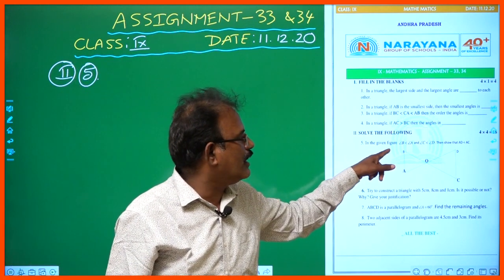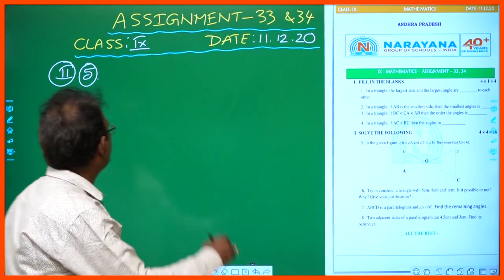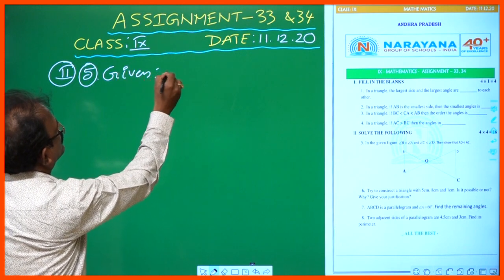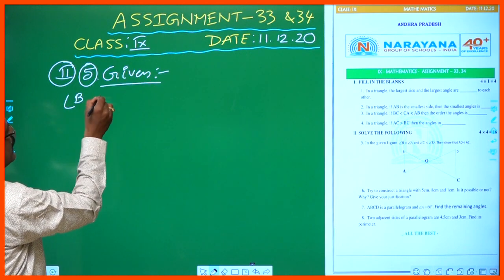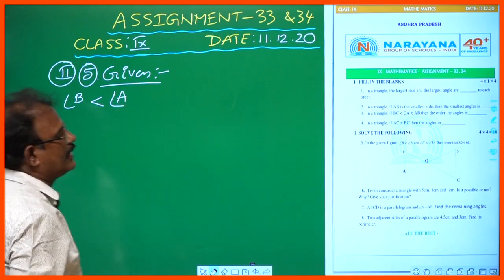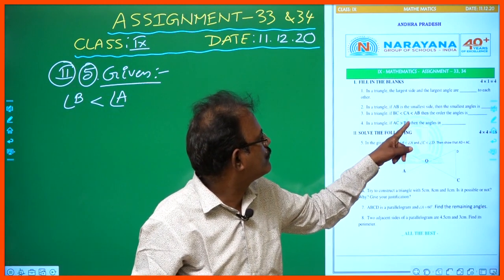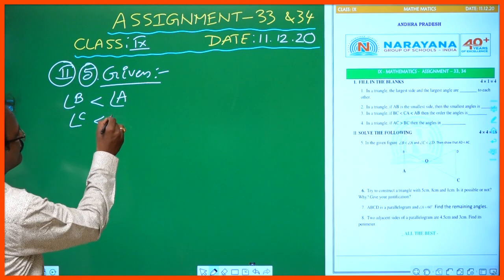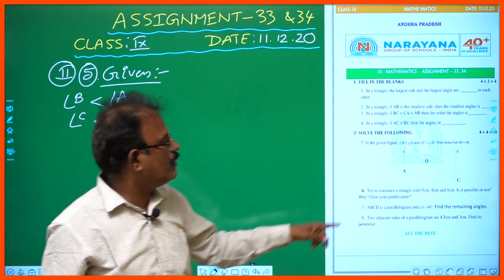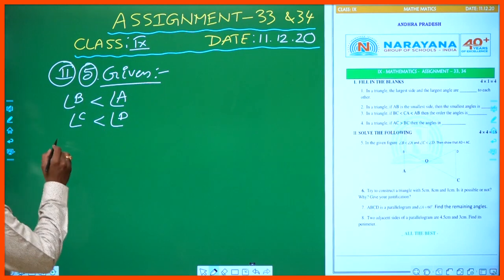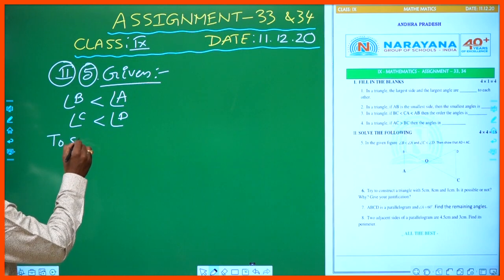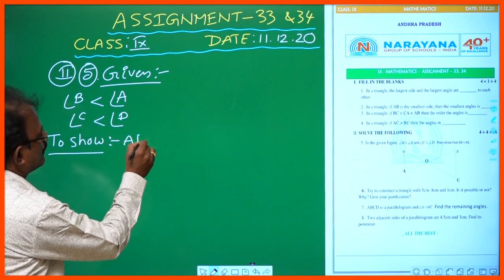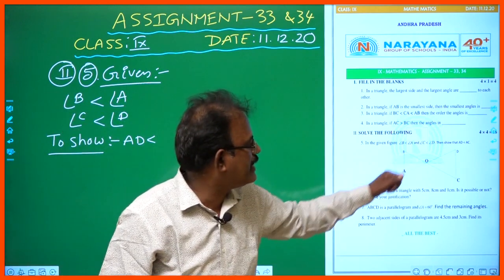In the given figure, angle B less than angle A, and angle C less than angle D. Now we need to show AD less than AC.